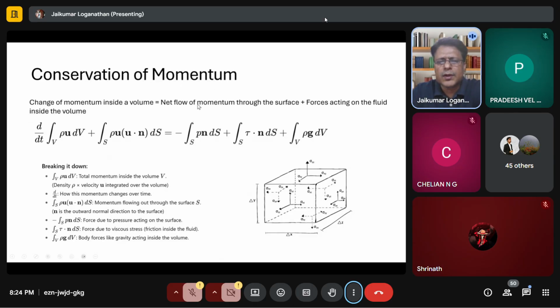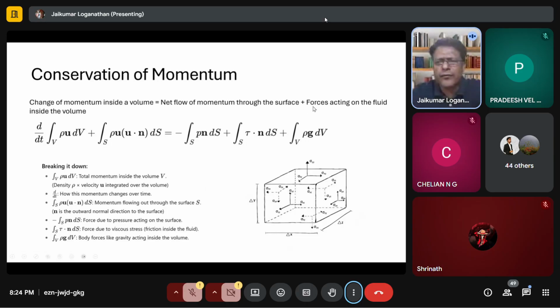Momentum is nothing but your rho times the velocity component. If you're considering u momentum, v momentum, and w momentum, the total velocities are shown here. You will see that this equation can be written for three directions or three velocity components, u, v, and w. This is a capital U.